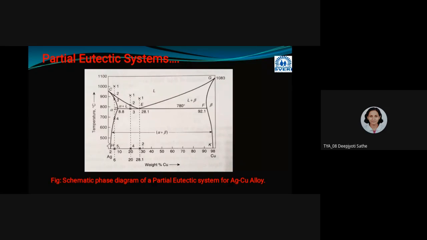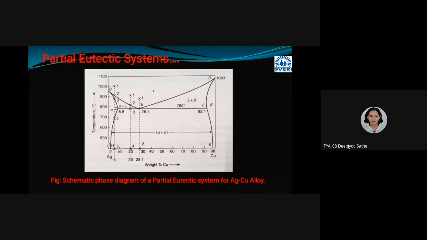The center vertical line, that is 20% copper, is for hypoeutectic. For hypereutectic it is very similar, just replace the alpha solid solution by beta solid solution, and beta solid solution by alpha solid solution. In a similar way, to the right corner, as we have taken one curve to the left corner of that diagram, you can consider one alloy having a higher composition than 92.1% copper.